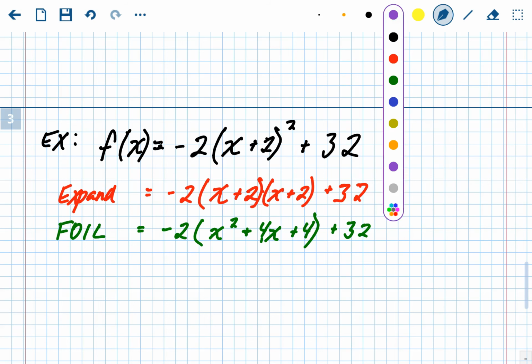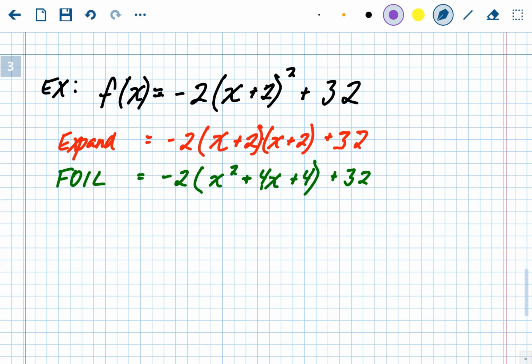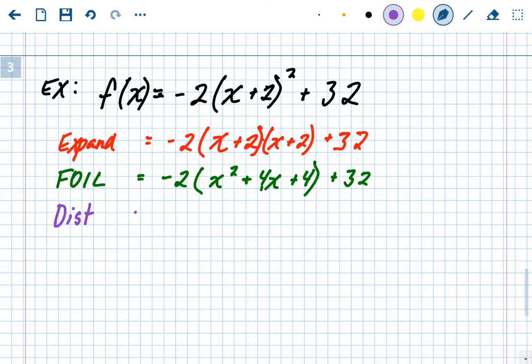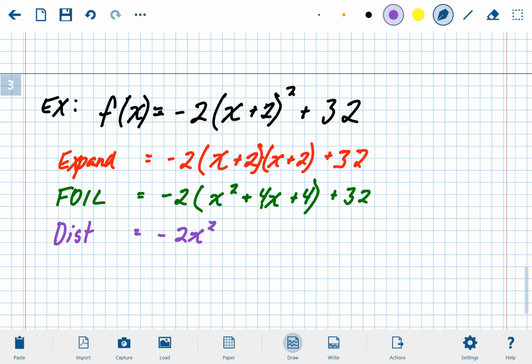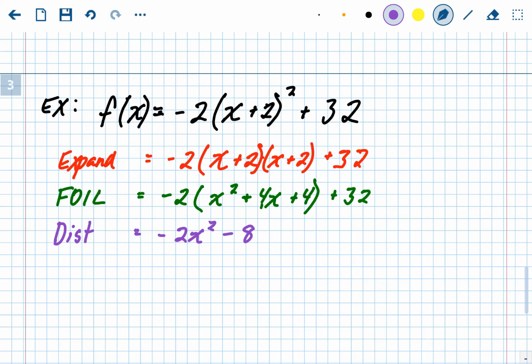This one wasn't in the previous problem, but it is in this problem. We're going to have to distribute that -2. So -2 times the trinomial will be -2x squared minus 8x minus 8 plus 32.